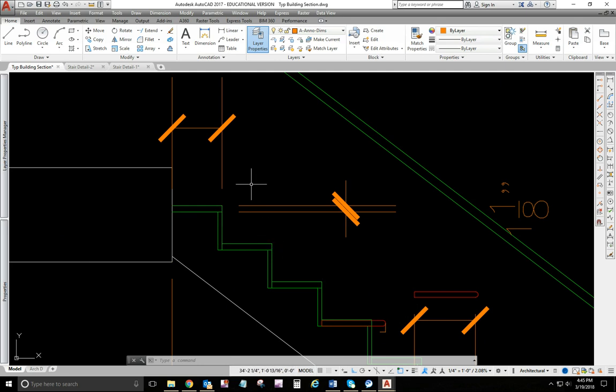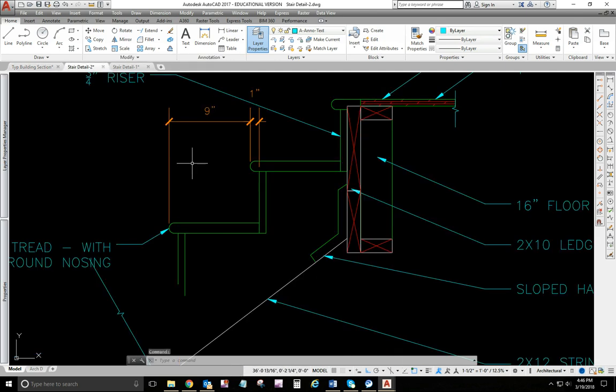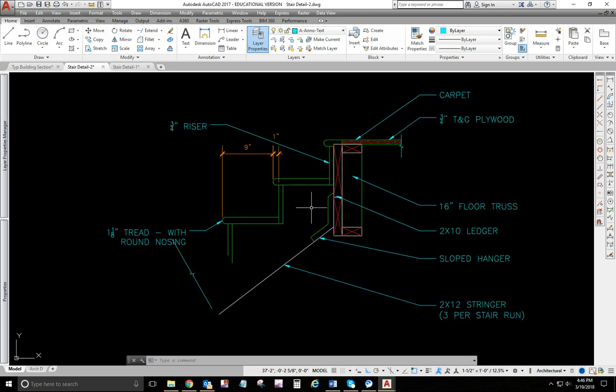And the riser height is from the top of one tread to the top of the next tread, or the finished floor to a tread. So the nosing and the thickness of materials only come into play when you're doing a design drawing of the parts similar to this. Now you have to take into consideration the nosing size and the thickness of all the materials.